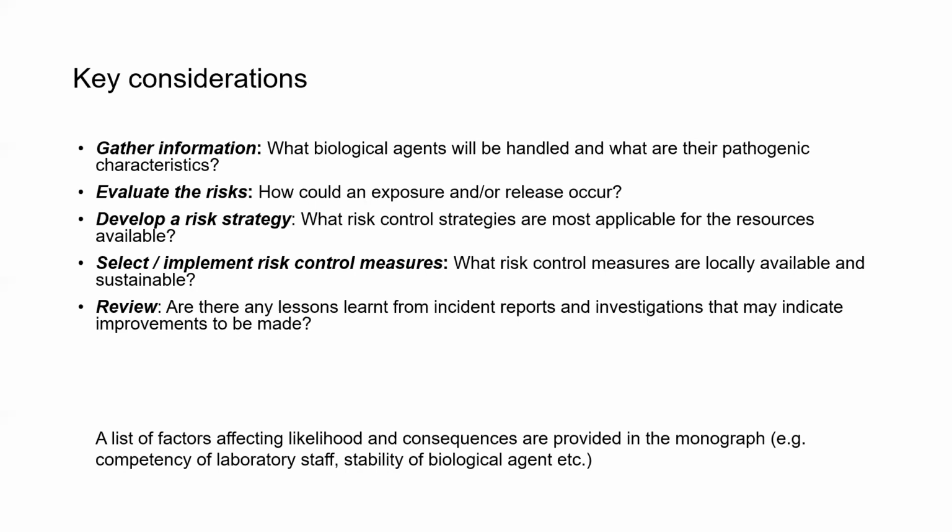Develop a risk strategy. What risk control strategies are most applicable for the resources you have available? Selecting and implementing control measures. What measures are locally available and sustainable? Again, we're looking at resource availability, and that will help you to decide what risk control measures you can use. And then finally, the importance of the review process, which we just went through.